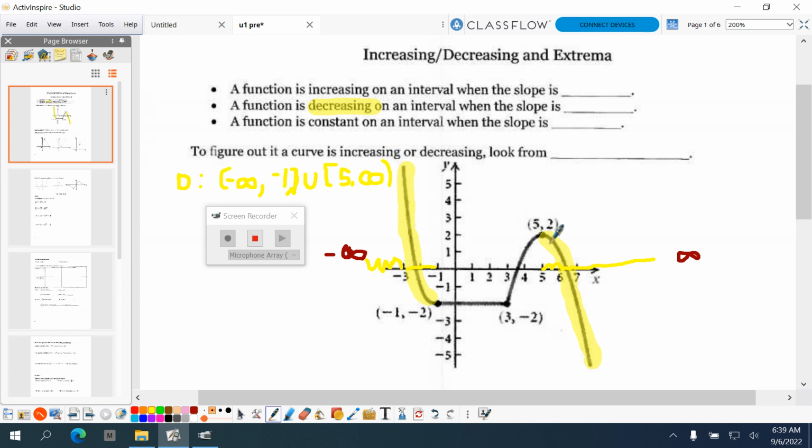All right, so that means a function is decreasing on an interval when the slope is negative, and also when the function is moving downhill. So it's going downhill as it tends to the right.